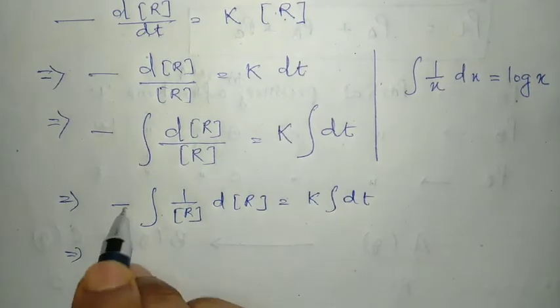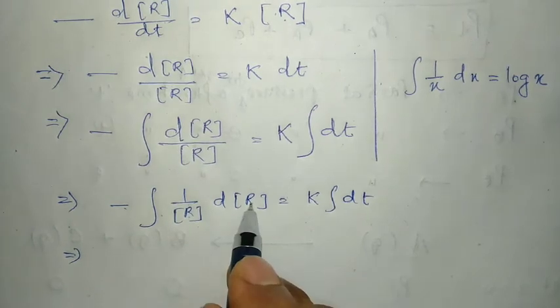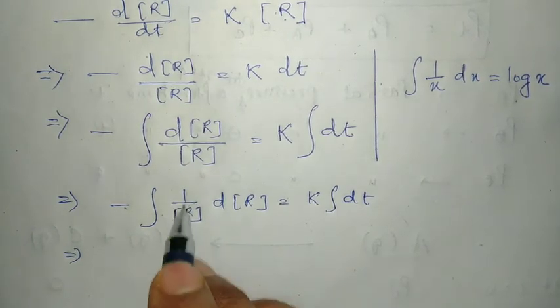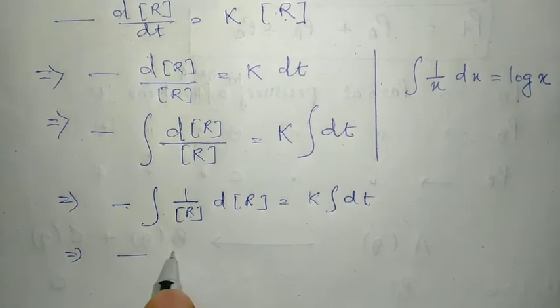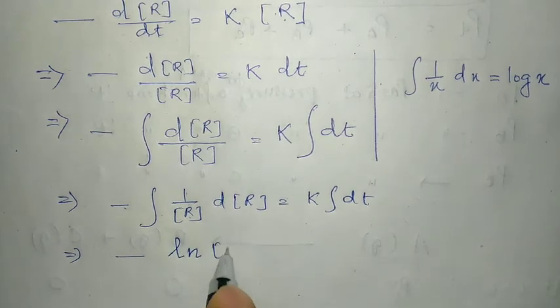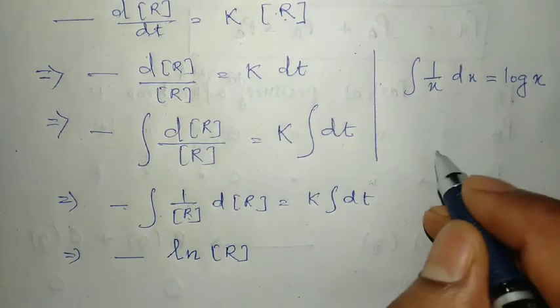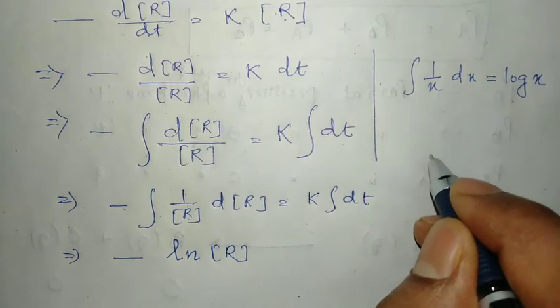This is similar to integration of 1 by x dx, so we can write log x. But instead of log x we have to write ln x, that means ln R. ln is known as natural log.